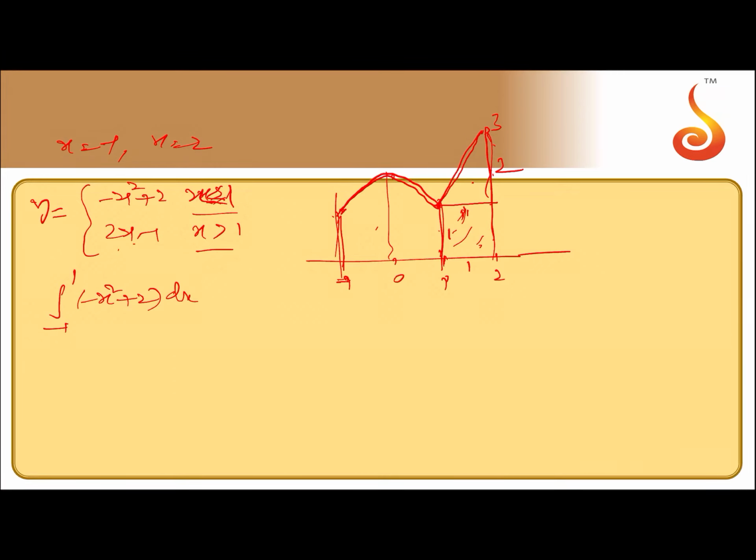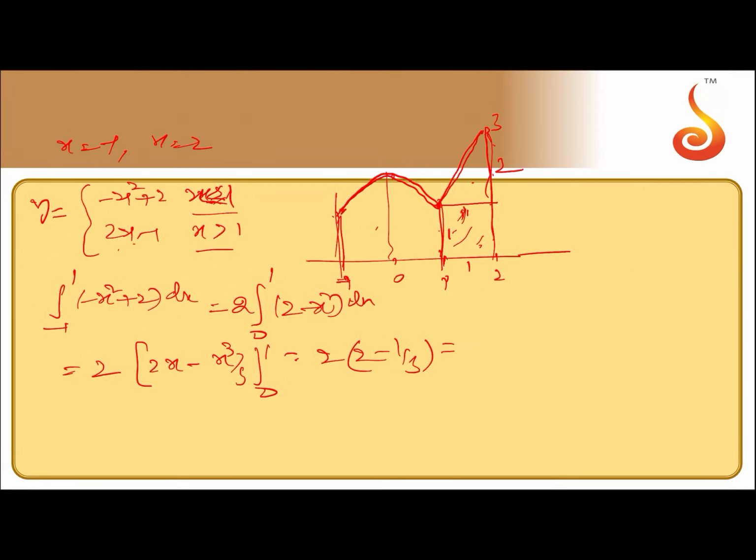But here f of minus x is the same as f of x, so it is twice the integral 0 to 1 of 2 minus x square dx. And that is equal to 2 times 2x minus x cube by 3, limits from 0 to 1. When you substitute 1, we get 2 minus 1 by 3, that is 5 by 3, and 5 twos are 10 by 3. So this area is nothing but 10 by 3.